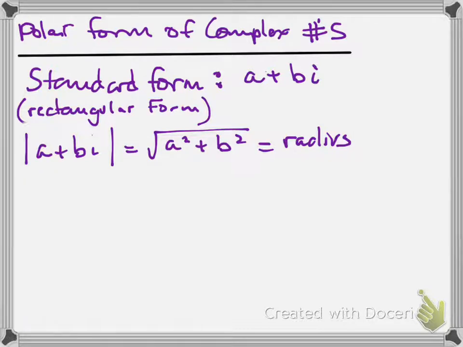It is the hypotenuse of the triangle. It's called the magnitude of the number. In vector form, it's also called the modulus of the number. So lots of different names for the same thing. The radius is the absolute value, also equal to the norm, the magnitude, the modulus of the number. I think that's about it. So standard form and rectangular form are synonymous.